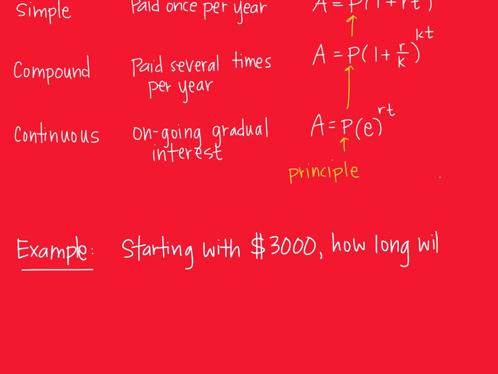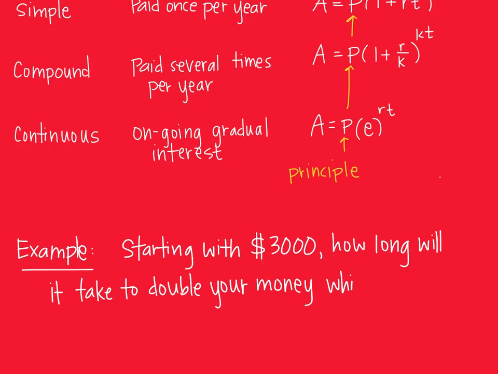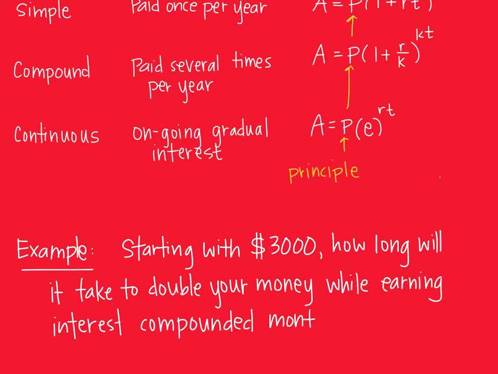will it take to double your money while earning interest compounded monthly at 5.25%.